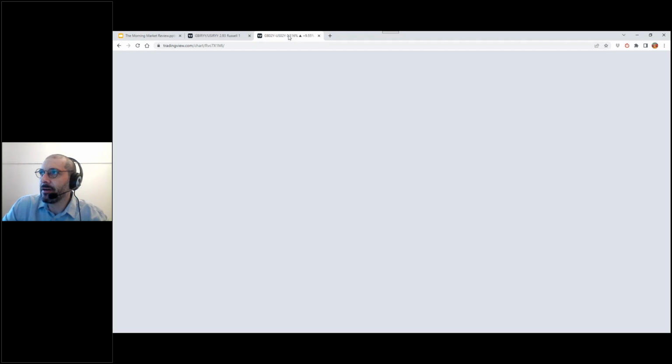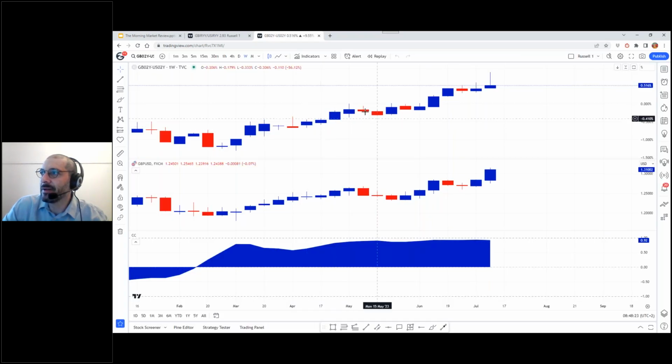And I've got that on this screen over here, the very top chart. That is the 2-year gilt minus the yield of the US 2-year note.